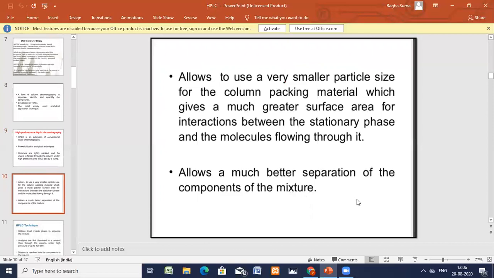HPLC allows the use of a very small particle size for column packing material, and it gives much greater surface area for interaction between the stationary phase and the molecules flowing through it. So it requires small particles for the column packing, and thereby we can achieve the greater surface area.